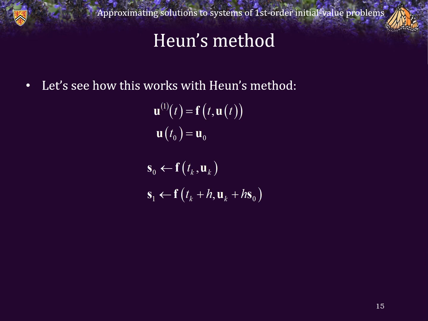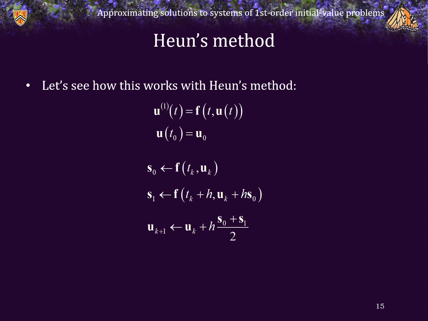So now we've calculated or approximated two slopes. And so therefore, the approximation one time step into the future is uk plus h, a scalar, times the average of two vectors. The two vectors are two different velocities.